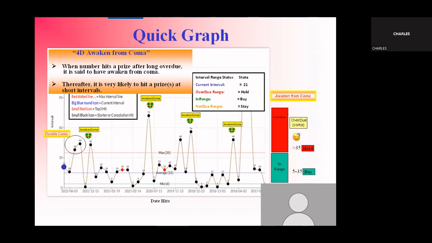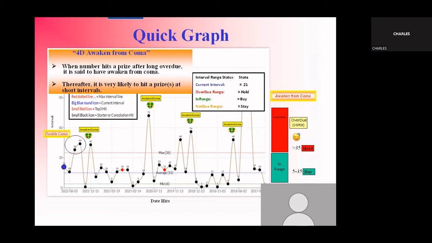Don't go and chase the number until a long interval hit, then you may get into a lot of high losses. Okay, it may even go into a triple coma. No? That means it goes into a second coma, right? It may again hit only when it goes overdue. But in this example here, there's only a double coma.